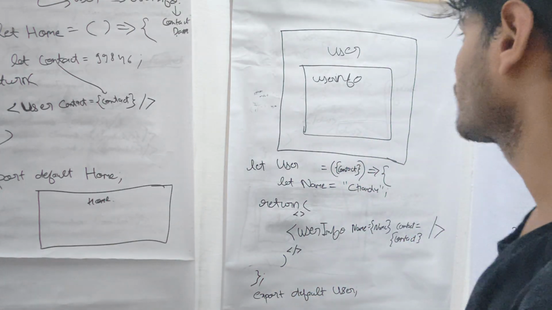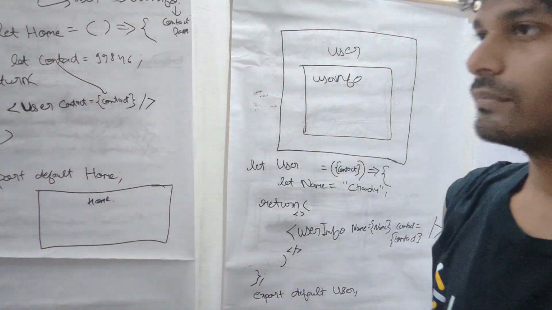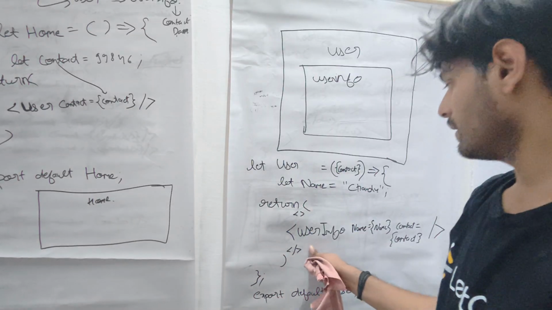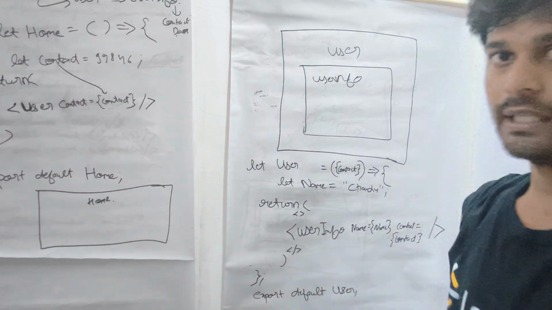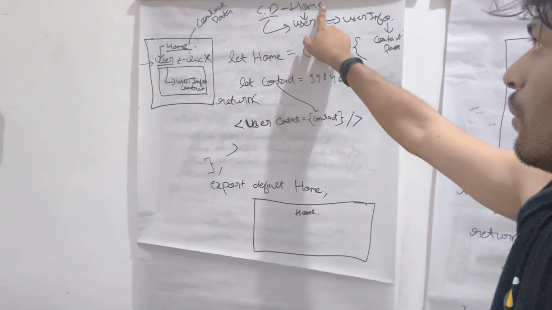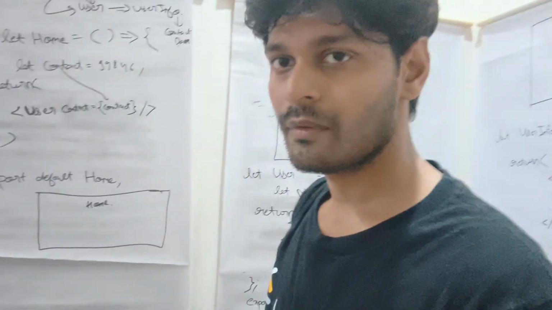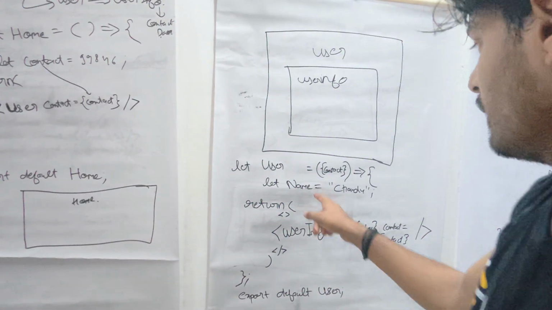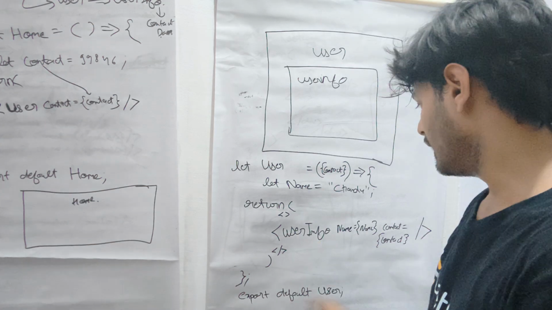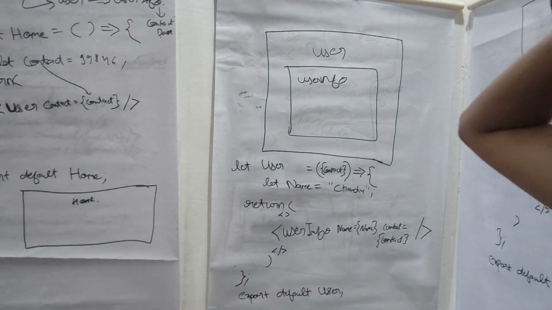Now the home was showing you the user data which it was returning, and now user is returning user info. That's what the execution was like. If you remember, home was showing user, and user is showing user info. So user is now returning user info, and we have to show this contact data on user info.